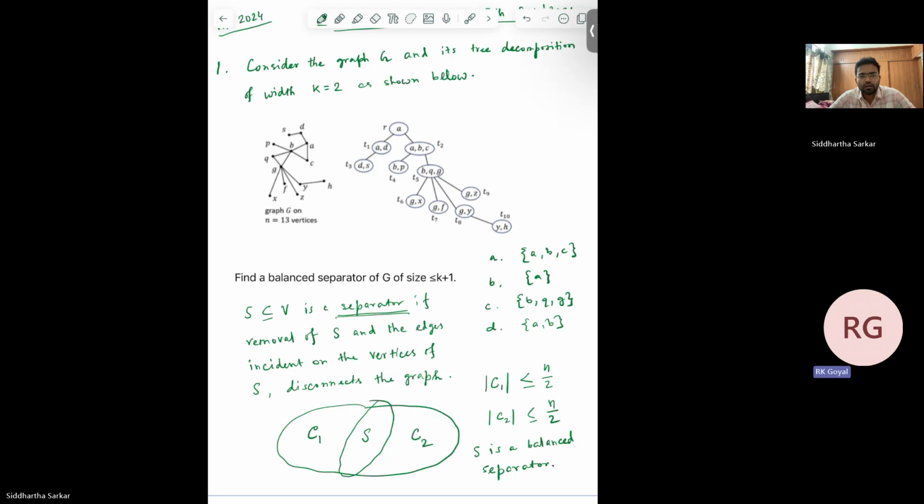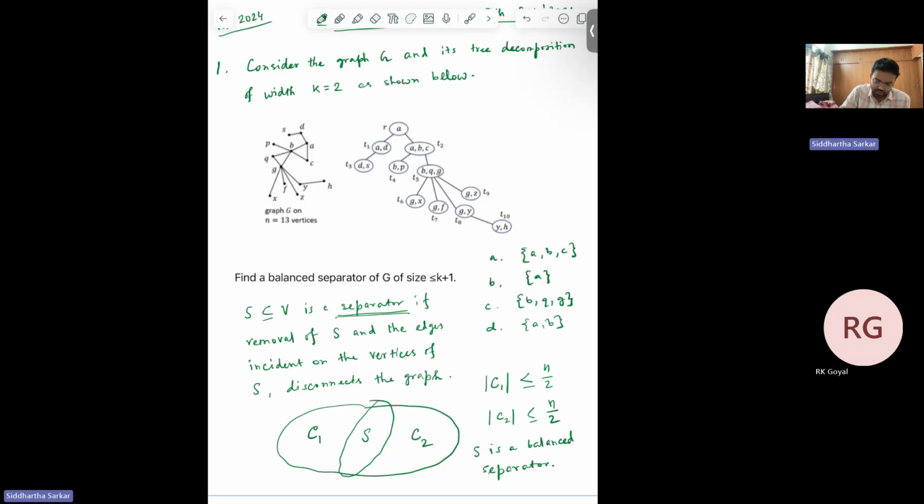Yes, except that this definition is too rigid, in that we need to have more or less n by 2 elements in both the components. Okay, so why do you think it is rigid? Because I think that for all graphs, it won't be that easy to find a point whose removal will create two sets of fewer vertices.